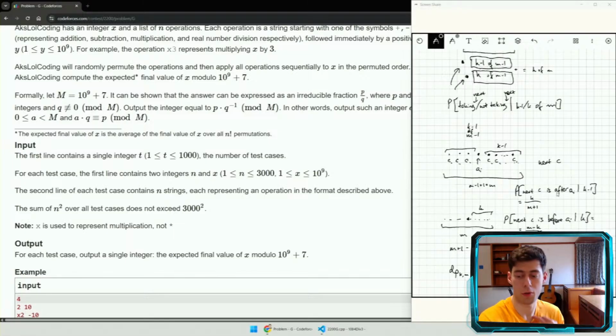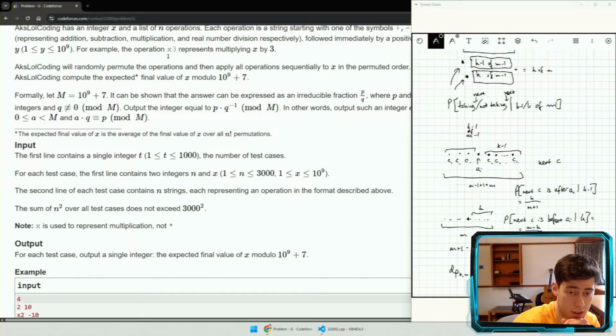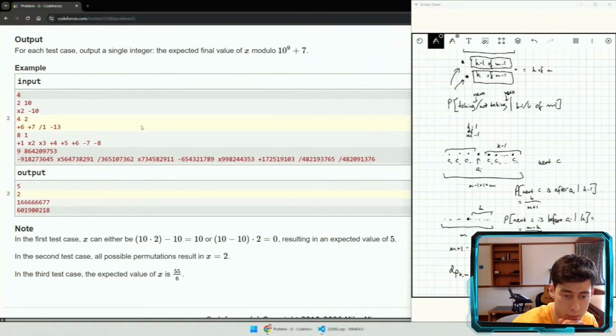This is like the formula. That's the maths. That's how that works.